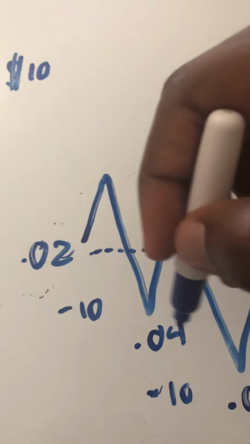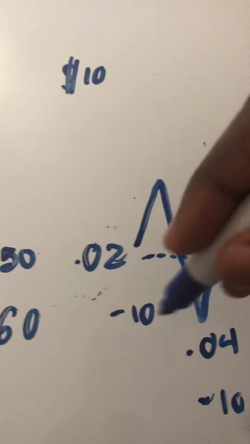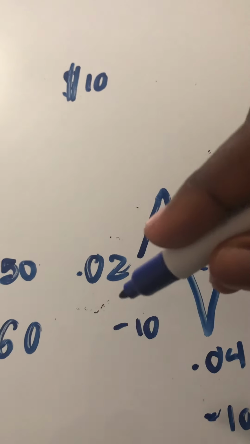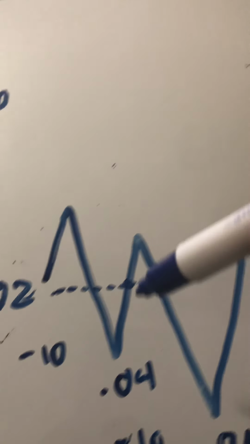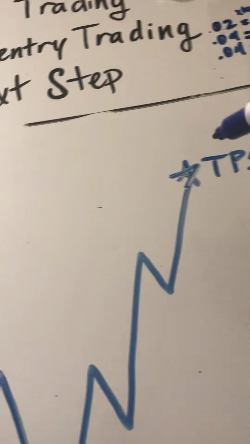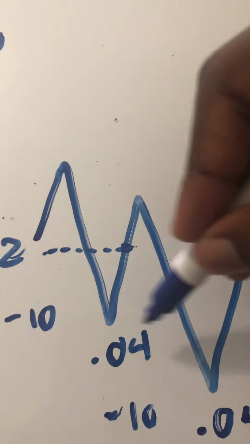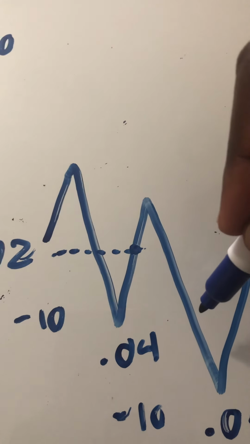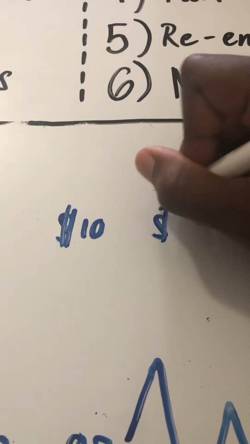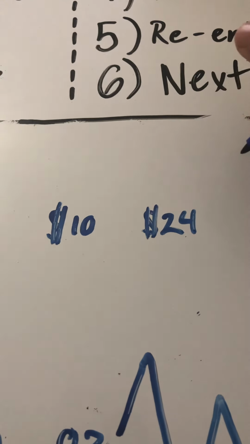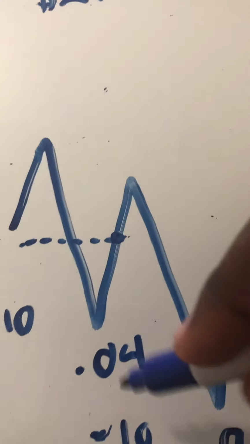For the second entry, it's 0.04, and it's 60 pips since it's gone down 10 pips and you've gone up that 10 pips plus the 50 pips. So 0.04 times 10, which is 0.4, times 60 is 24. So off of that entry, you've made $24.